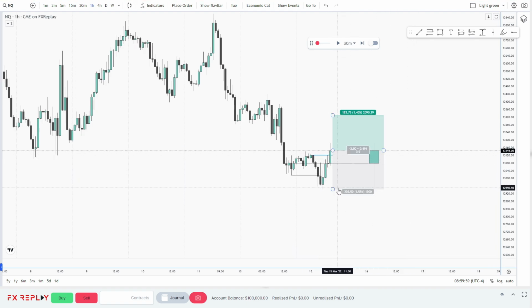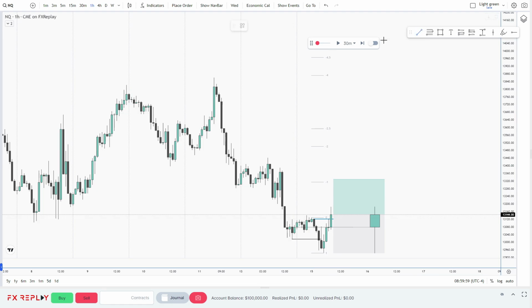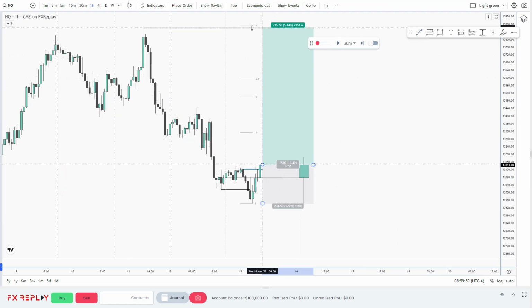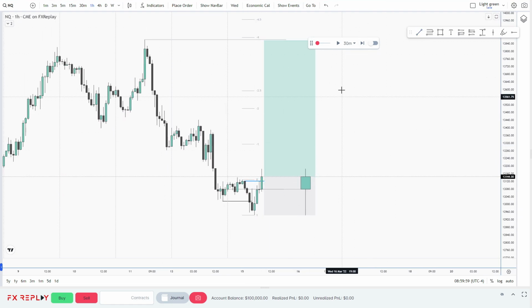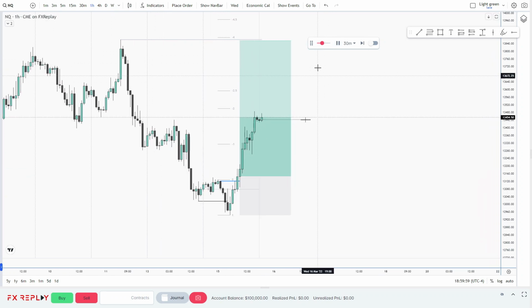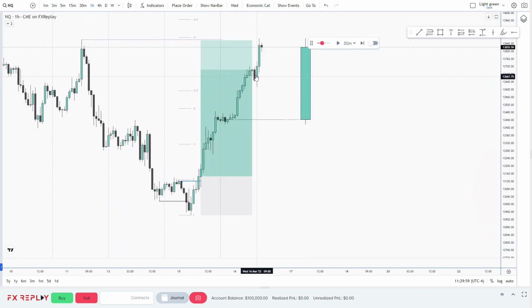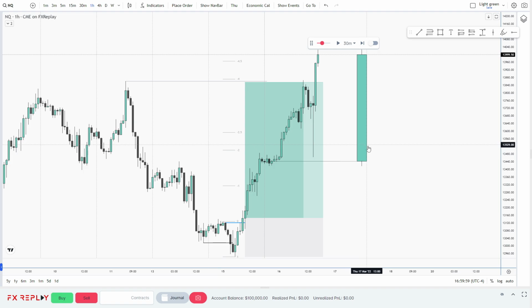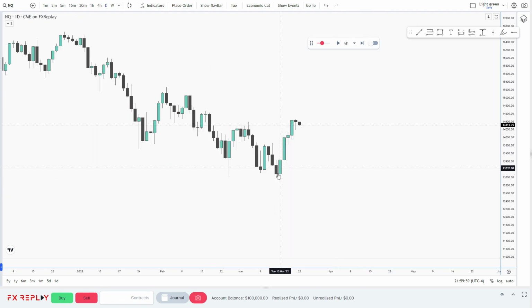If the price closes here, this will be my invalidation point. If the price expands to the upside, we will see that. Letting the price action play, we will see what's happening. Finally, our weekly objective is met.